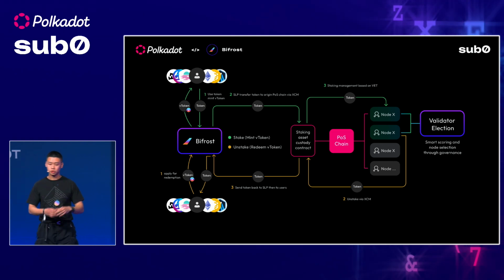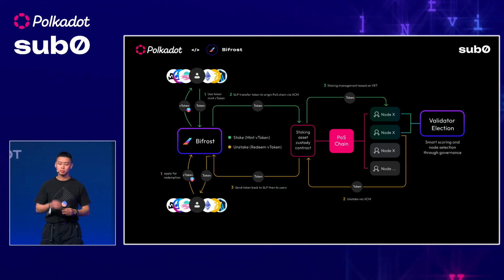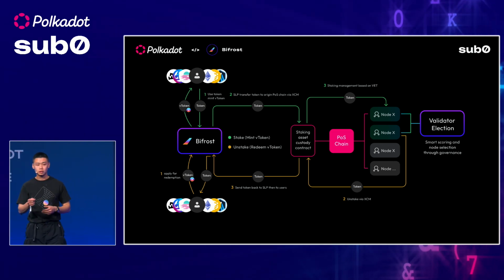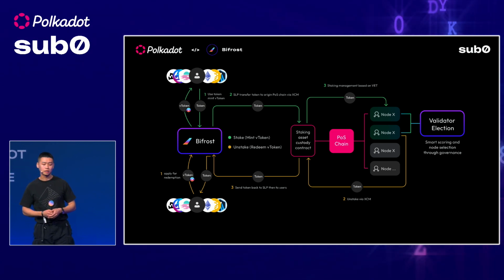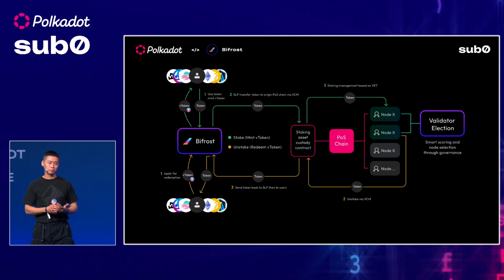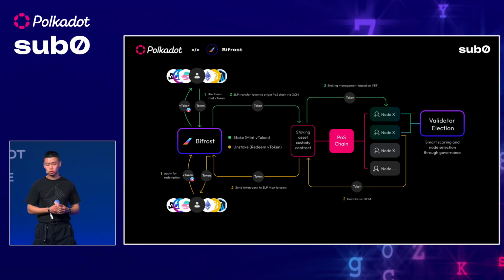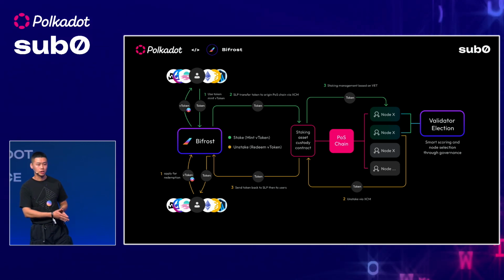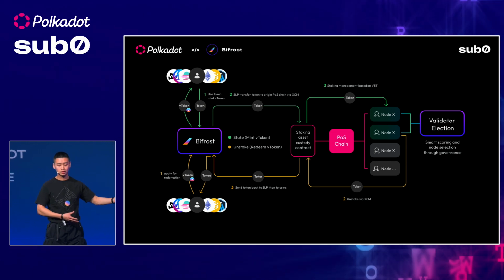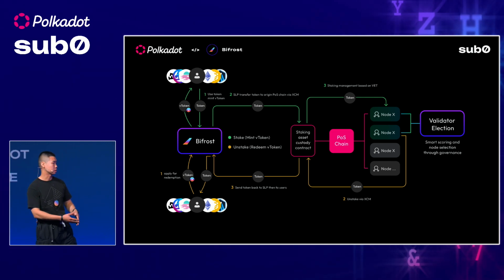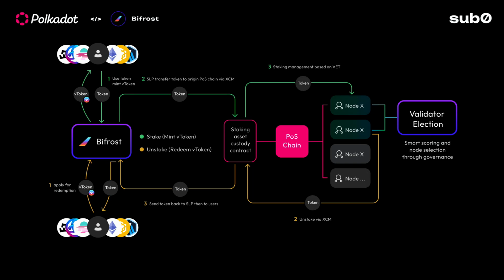The Bifrost chain natively has the liquid staking pallet to convert the staked token to a liquid staking token. Then we use the sovereign account to stake that asset on the destination chain, with a series of scripts and a governance combination mechanism to select the validators on the destination chain.